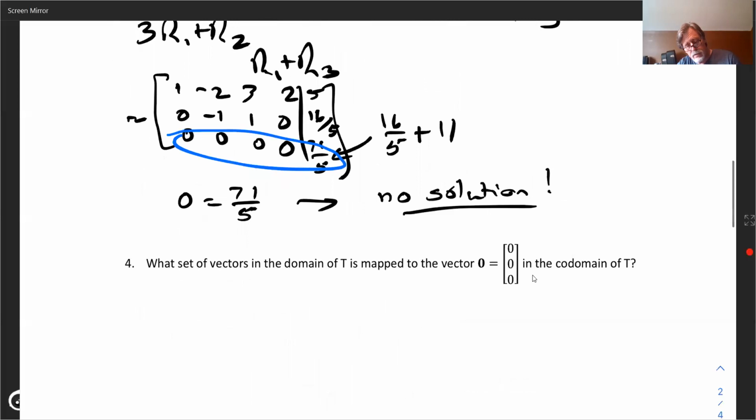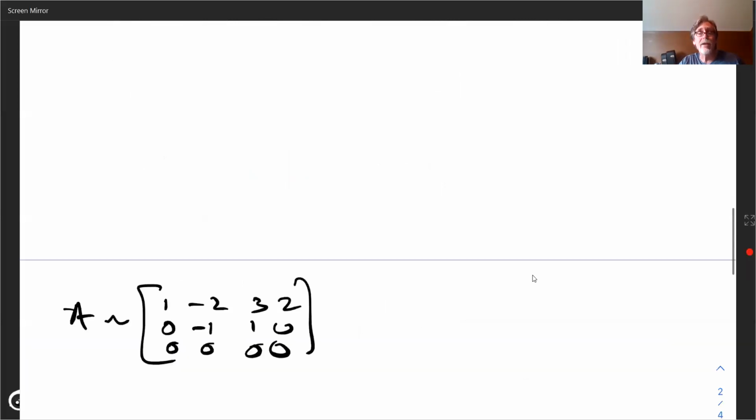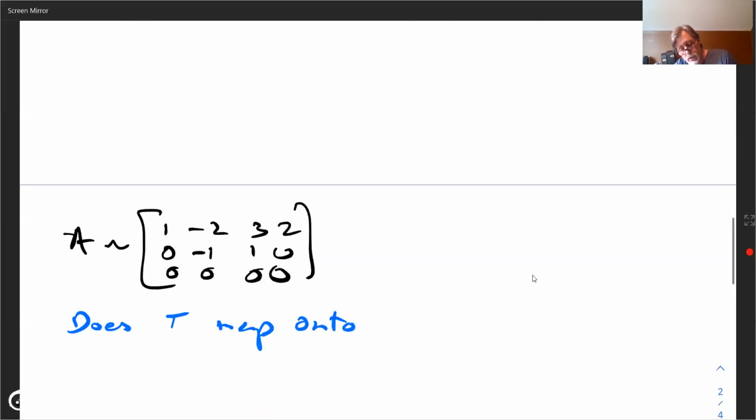So what that means is, when we just row reduce A, we can answer stuff. Does T, sorry, to get the language right, does T map onto, and here's the word, onto, let's call it R3? Does it map onto all of R3?